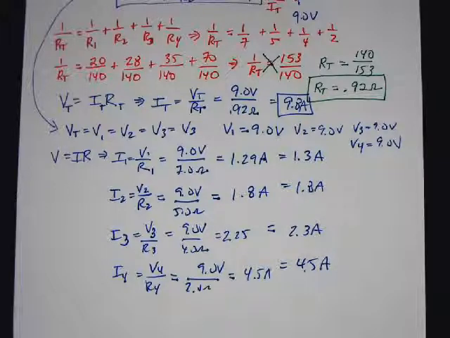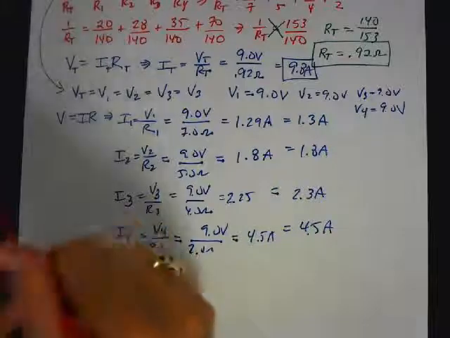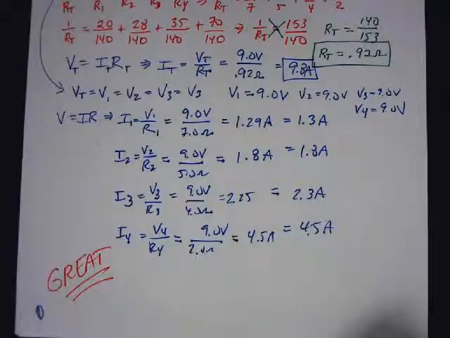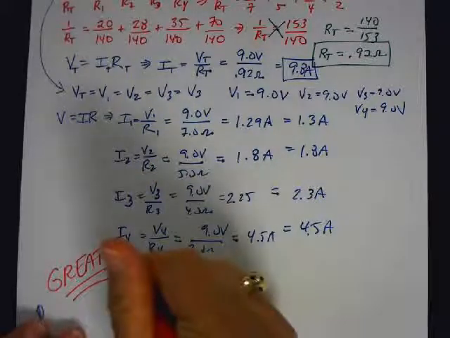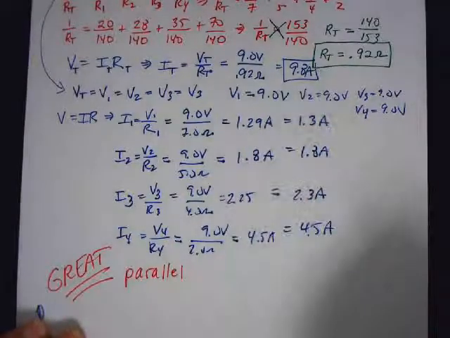Now, we're so lucky we're doing circuits, because the great thing about circuits is you have a foolproof way to check your work every time. So in circuits right now, this is a parallel circuit. I just found all these individual currents.